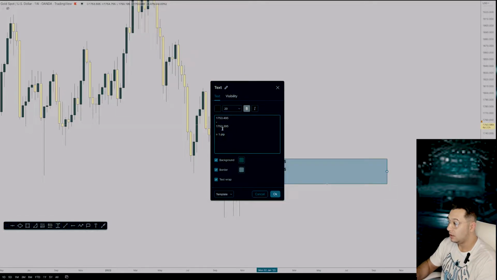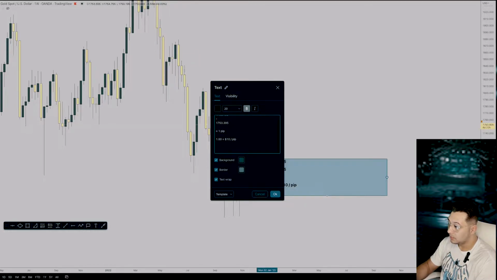A 10-cent movement in gold, so if it went up from 395 to 495 is one pip. If you had a one lot on that, one pip equals $10. $10 a pip, so if you had a one lot, you'd be up $10, up one pip.